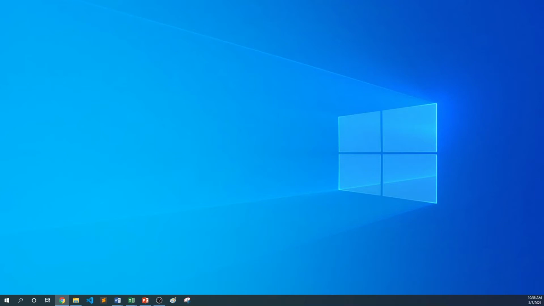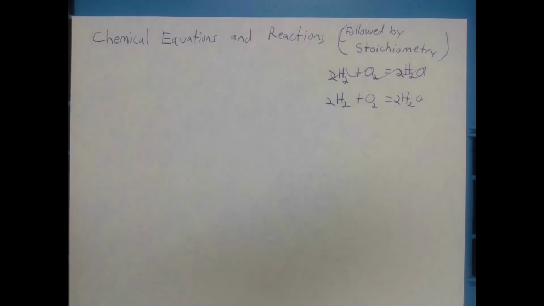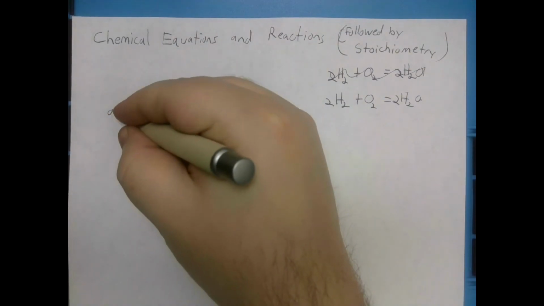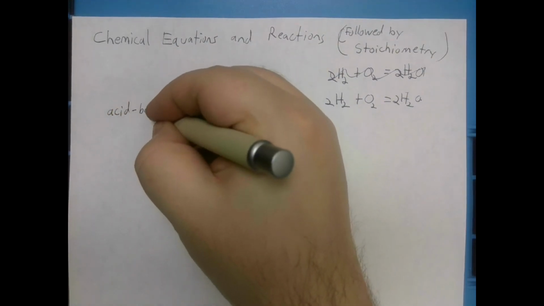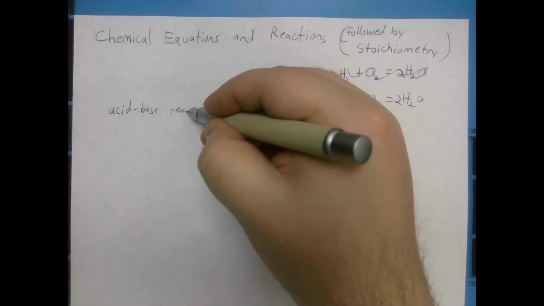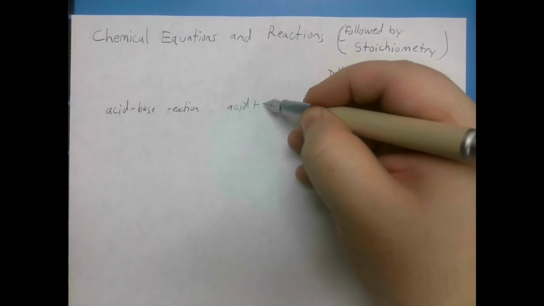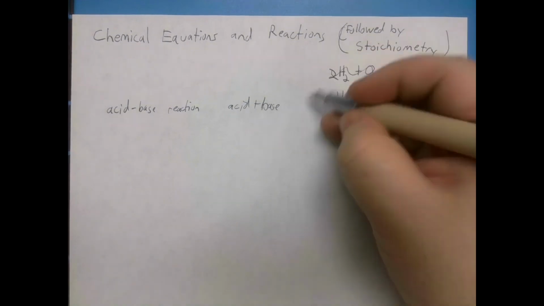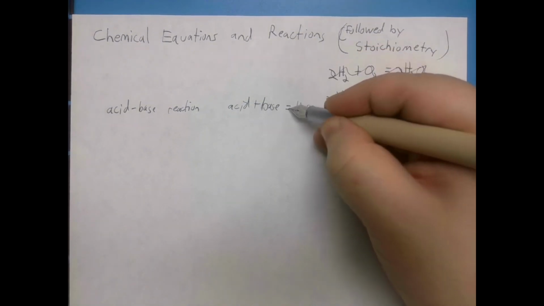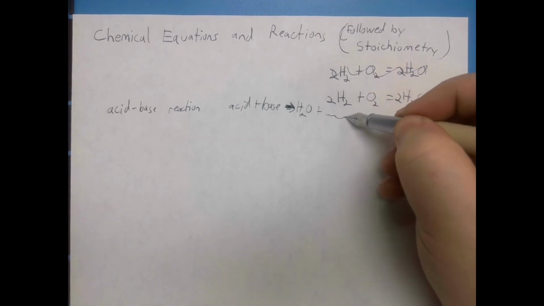So there's two reactions we haven't covered. That is acid-base reaction, which is simply an acid plus a base, which gives us water. That should be an arrow, not an equal sign, plus something else.